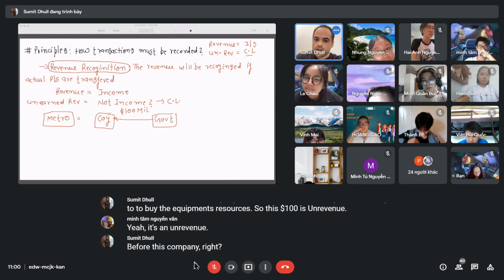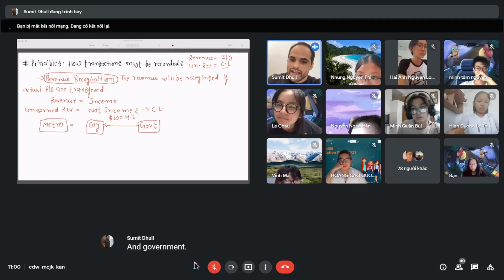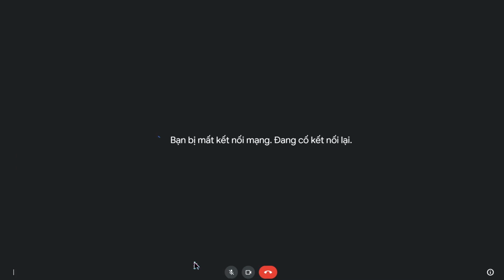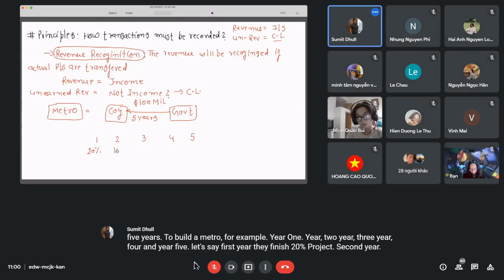Okay. And the government signed a contract for 5 years to build the metro. For example, in the first year they finish 20% of the project.